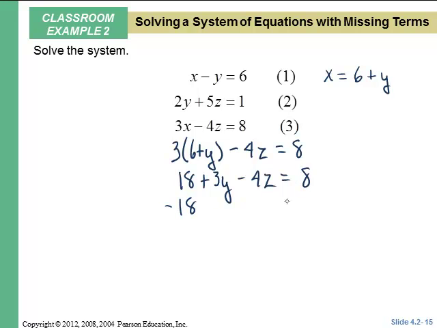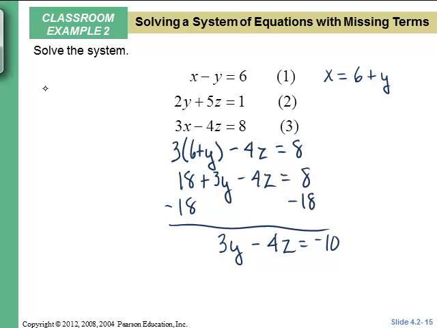Subtract 18 from both sides, and we will have 3y minus 4z equals negative 10. Now we can use that in connection with the second equation.